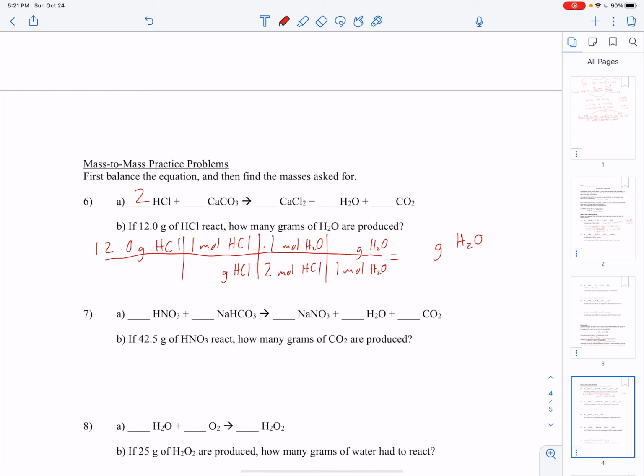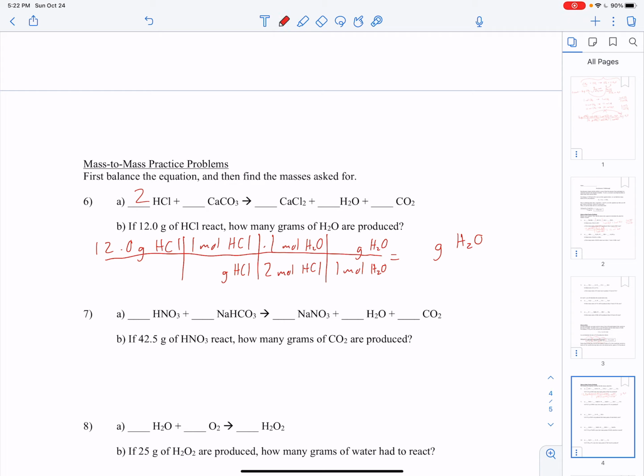And again, I'll let you figure that out. But I like to start it out by setting everything up, right? You've got 12 grams of HCl, you divide by grams per mole, that'll give you moles of HCl, you turn moles of HCl into moles of water, and then you turn moles of water into grams of water. So it's a nice 3-step process.